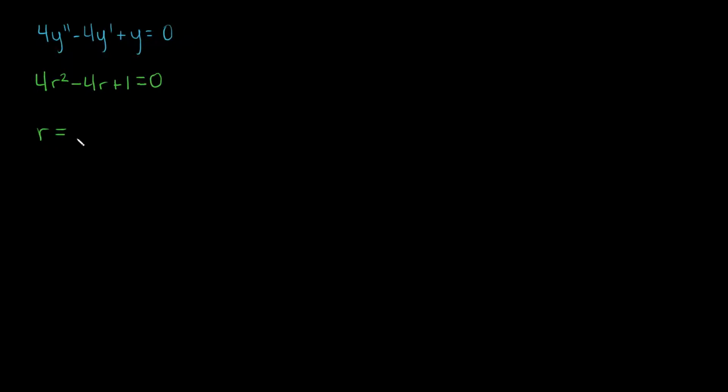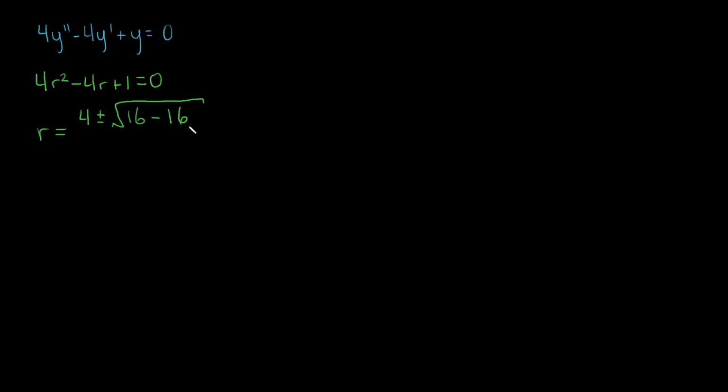In this case, r is going to equal negative b, so negative 4 is plus 4, plus or minus the square root of negative 4 squared is 16, and then minus 4 times a times c, which is 4 times 1, 4 times 4 is 16.